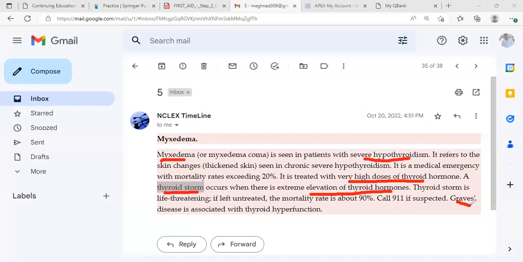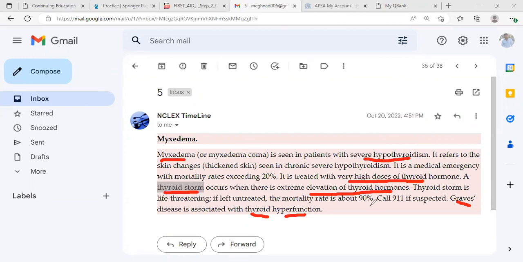What is Graves' disease? Graves' disease is associated with thyroid hyperfunction or hyperthyroidism, right? So what do we learn from here? We learn if a patient has hypothyroidism, the complication leads to myxedema coma, and it is treated with a high dose of thyroid hormone, T3, T4.